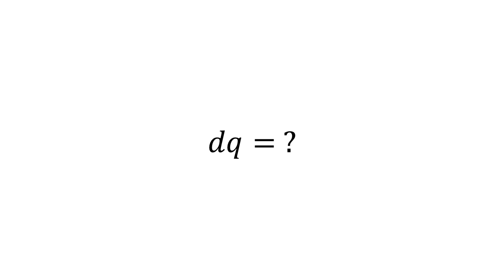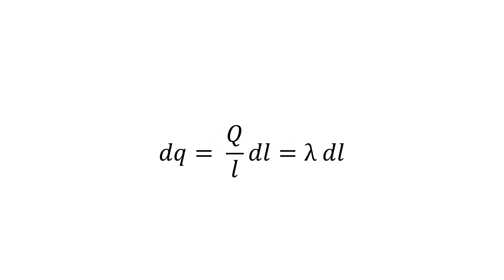The first thing we have to figure out is, what is dq? dq is the amount of charge on one little piece of the segment, in this case the rod. In other words, it's the charge density times the integration element. And we know that for a rod, dq equals q over L, or length, times dl, which you can also rewrite as lambda dl.